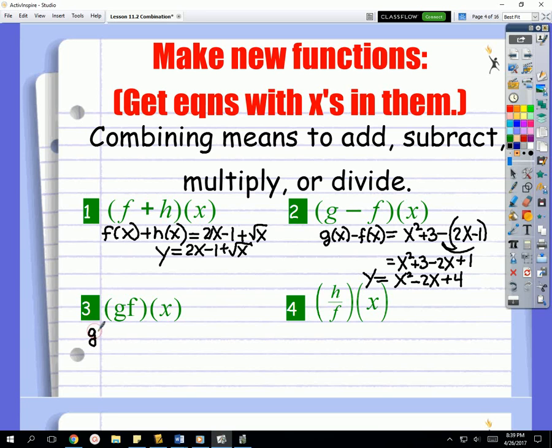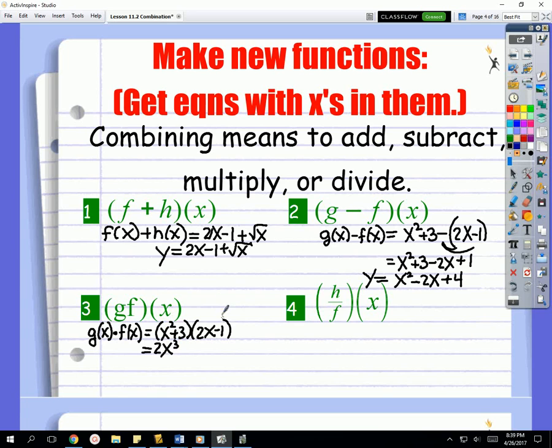For g f of x, you're going to have to do g of x times f of x. So g of x is x squared plus 3. F of x is 2x minus 1, and this is going to cause me to have to go through the FOIL method. So first is x squared times 2x, which is 2x cubed.